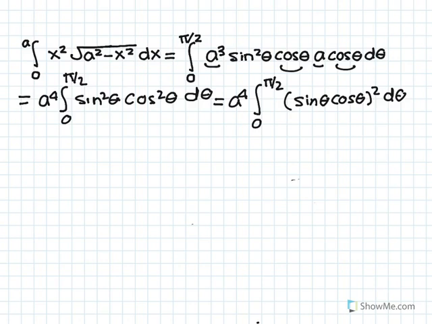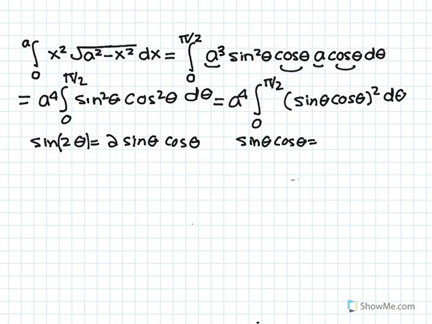Now we're going to apply a double angle identity, sine 2 theta is equal to 2 sine theta cos theta, which means that if you divide both sides by 2, sine theta cos theta would be sine 2 theta divided by 2.